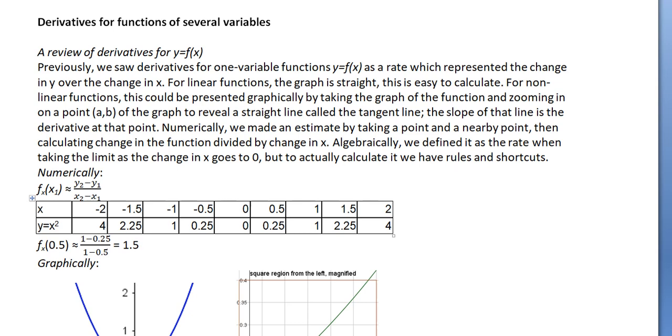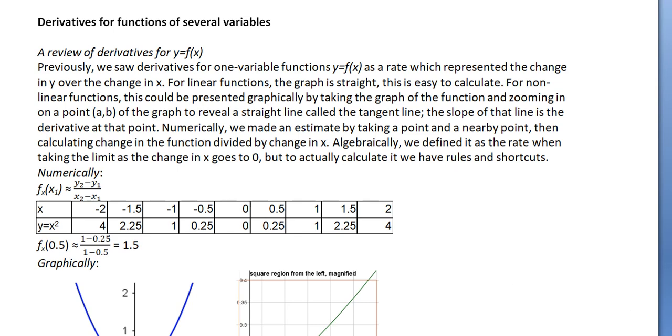Numerically, you could estimate the derivative at that point by taking another nearby point and calculating the slope using those 2 points. And algebraically, you could define the derivative, or the rate, as a limit. But to actually calculate it, you don't use limits, you use all the shortcuts that we know.